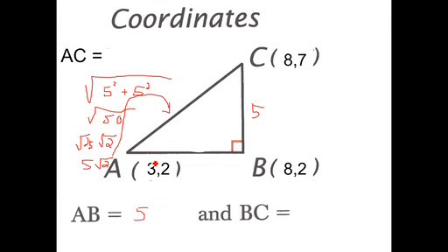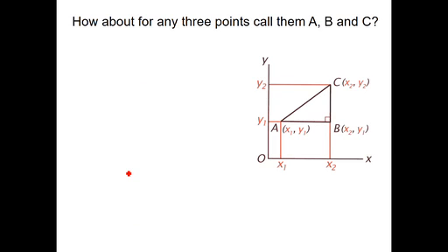What we've done is we've used the Pythagorean theorem to develop something called the distance postulate, or distance formula. What if we just do it in general? See if this makes sense to you. The distance from A to B is taking x2 minus x1, because there's no change in the y.